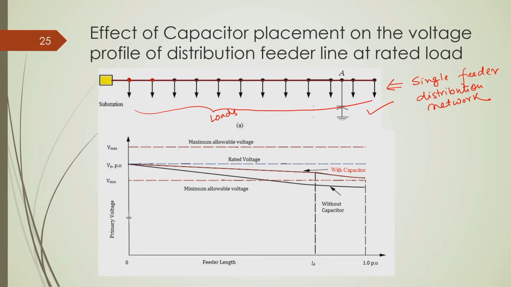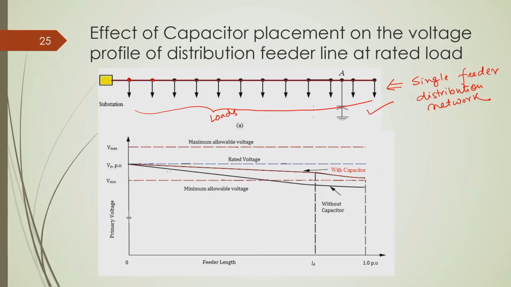These things you have seen in my last module, when I talked about the forward backward sweep load flow, and I had shown you the results, the plots of the voltage magnitudes of individual test systems.